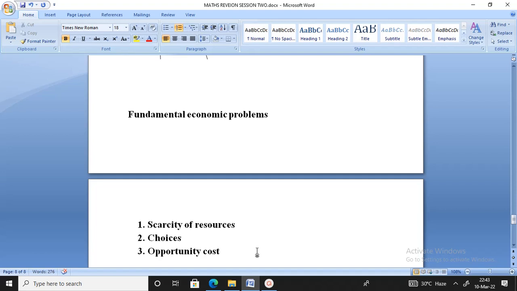So how do you explain this in line with the oligopoly market structure that we have?